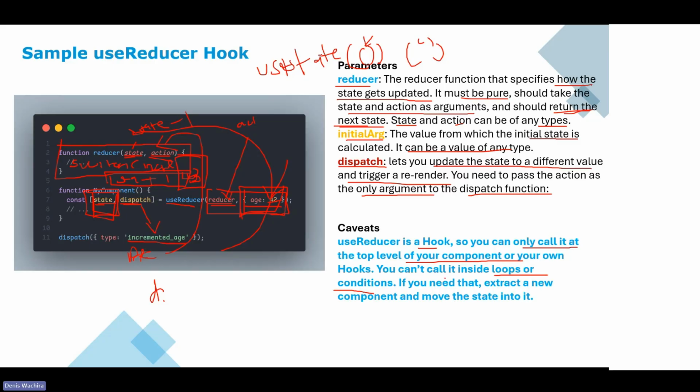If you need that, you can extract a new component and move the state into it. You don't want a situation where your hook is inside loops, things like a for loop or forEach.